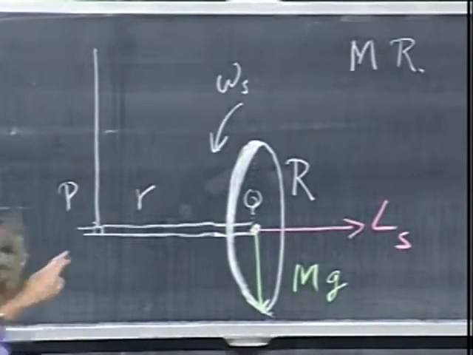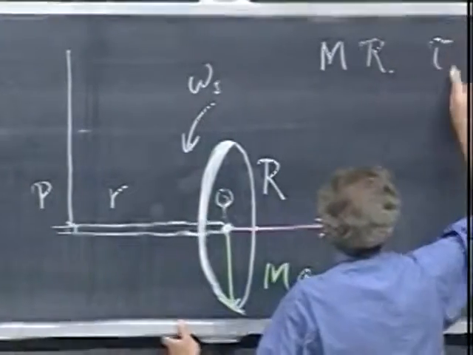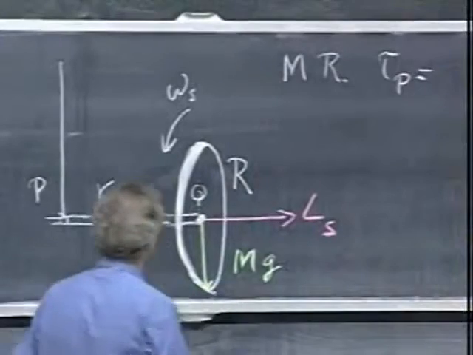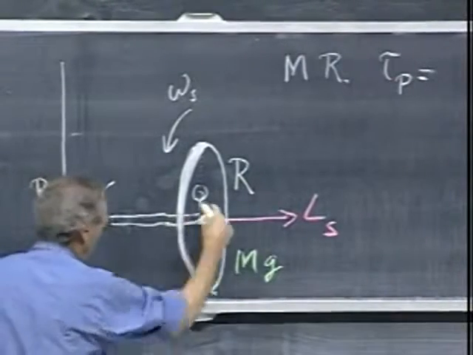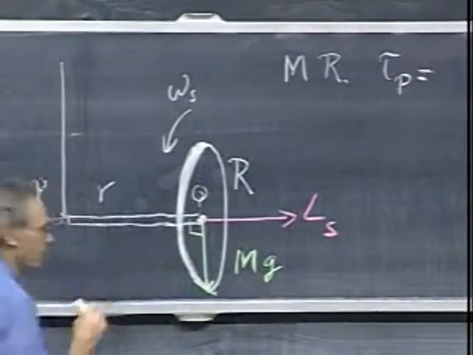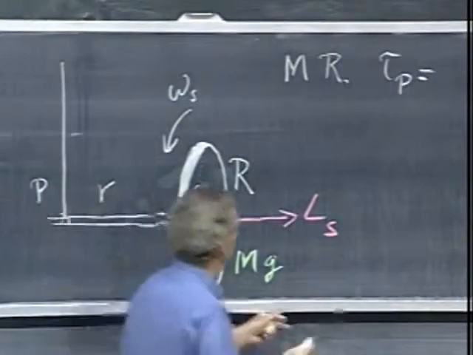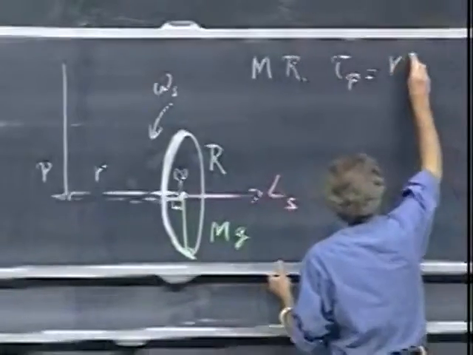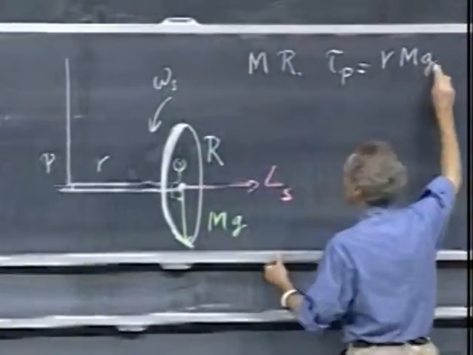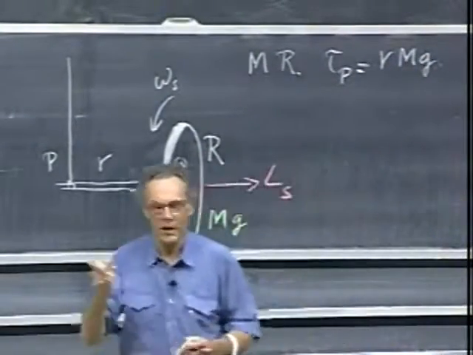So relative to point P, there is a torque. And the torque is R times mg. This is 90 degrees, so the cross product is nice. The sine of that angle is 1. So the torque relative to point P is R times m times g. In what direction is that torque?